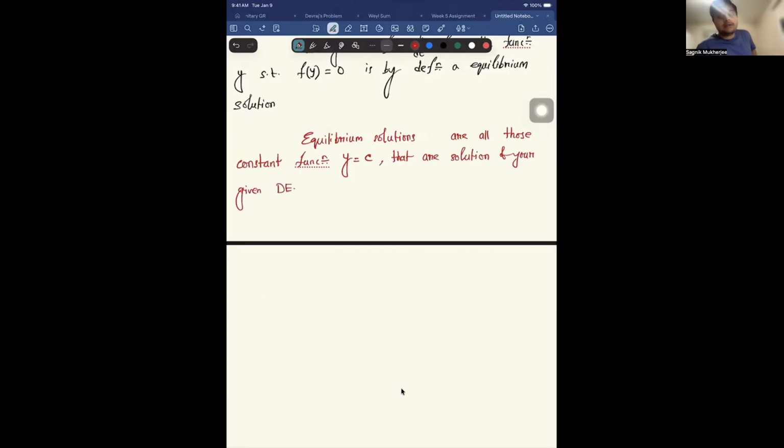So all the constant functions that are solutions to your differential equation are called equilibrium solutions. So that's the definition.